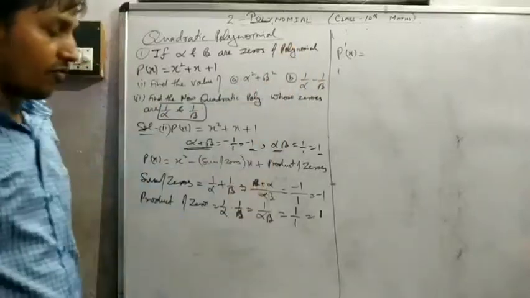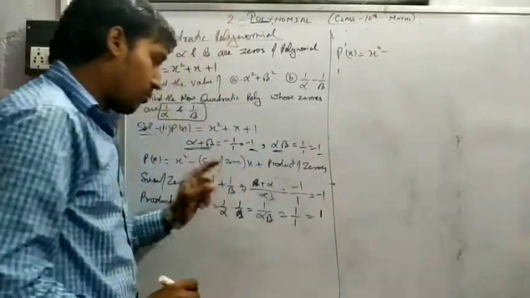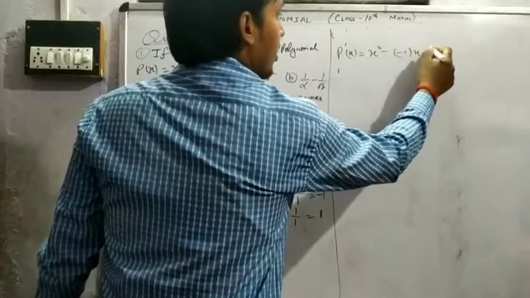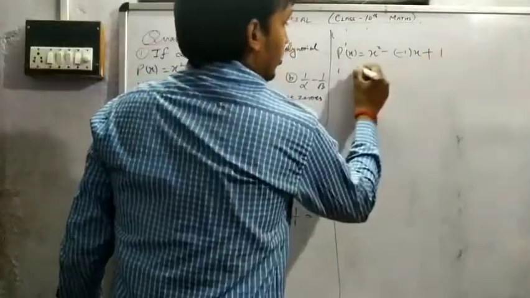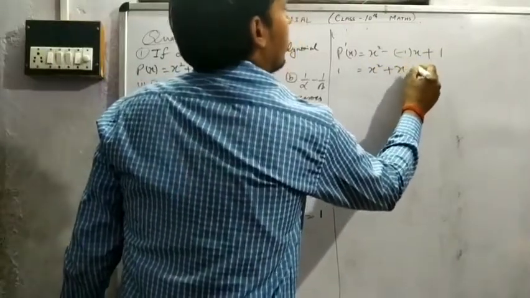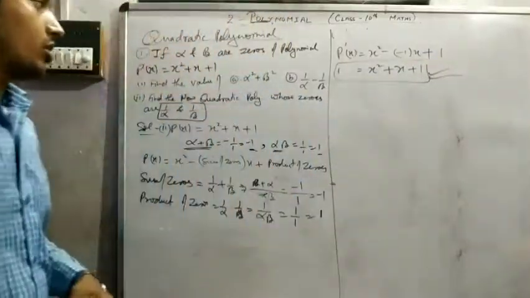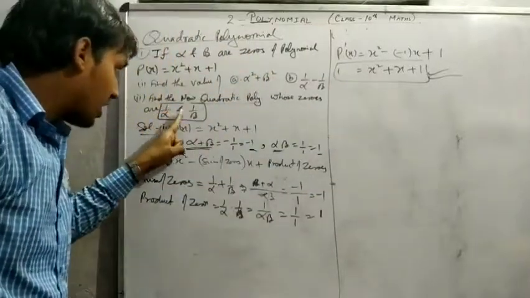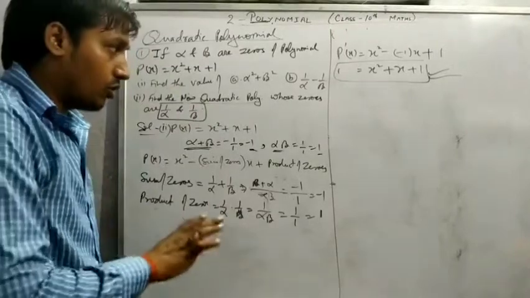So p dash of x means new polynomial, x square minus sum of zeros, that is minus 1 x plus product of zeros, that is 1. So x square plus 1x plus 1. This is the quadratic polynomial whose zeros are 1 upon alpha and 1 upon beta. Okay, pause the video and note down.